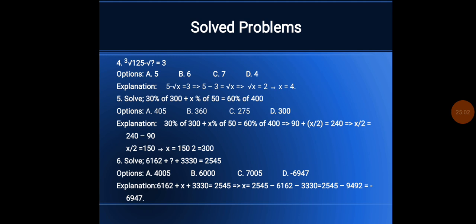So first add 6162 and 3330 and then subtract 2545. Okay, we get the answer as minus 6947.